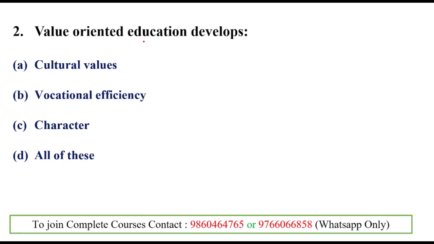Value oriented education develops. So, which of the following values become important for an individual, and value oriented education develops all of these features in a student. So that includes cultural values, vocational efficiency, character.